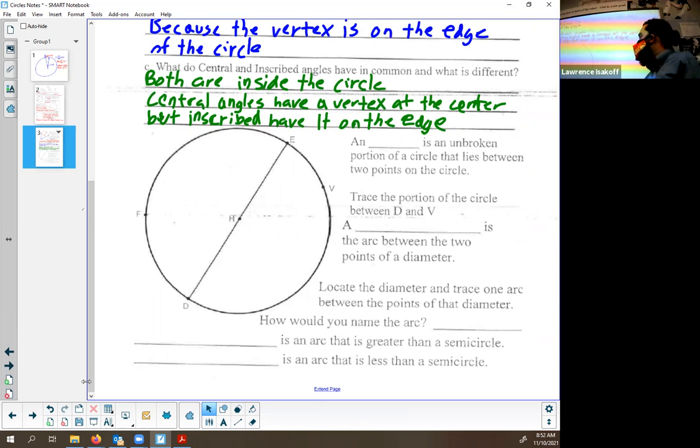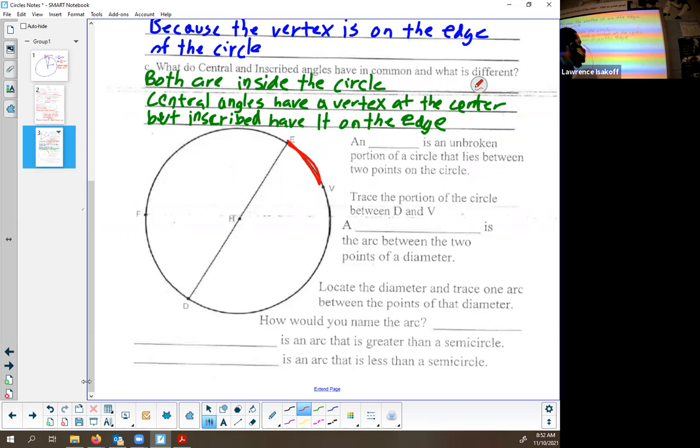So now here, if I were to make something like going from E to B right here, that is an unbroken portion of the circle between 2 points on it. Does anybody remember the vocab word to describe going E to B on the edge of the circle?